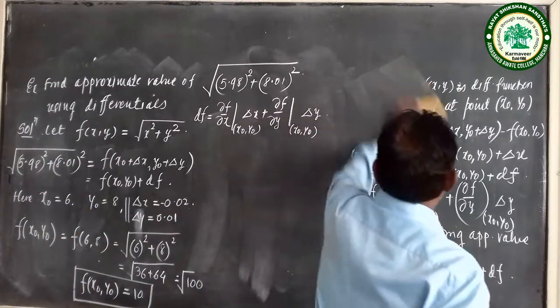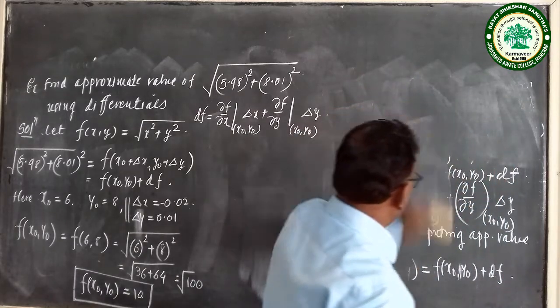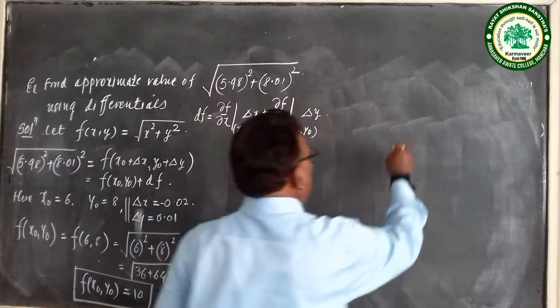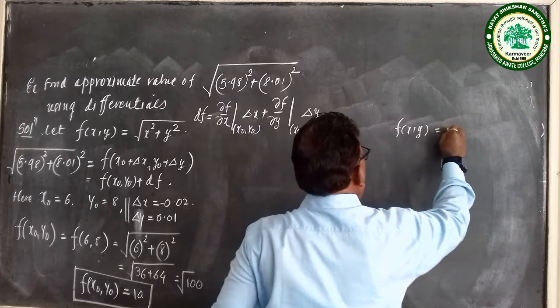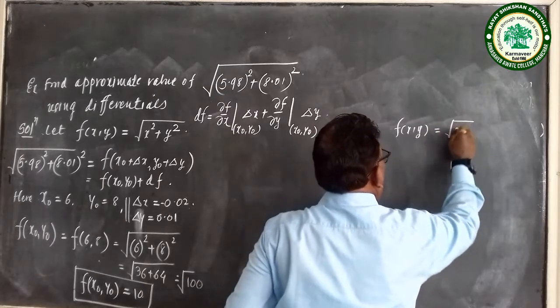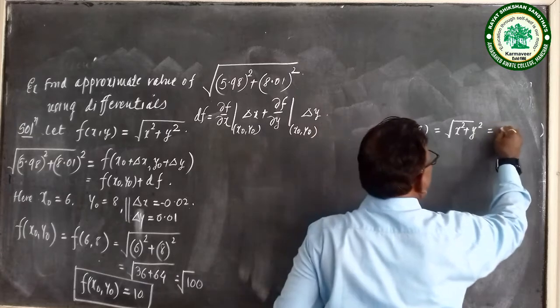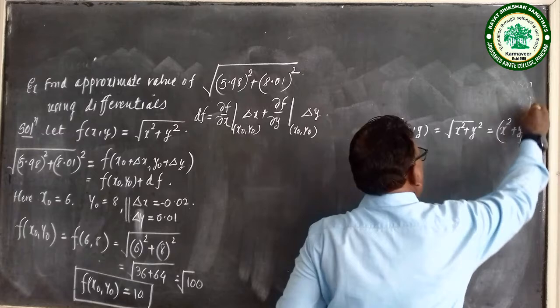The given function is f(x,y) equal to root of x² + y², which is equal to (x² + y²) raised to 1/2.